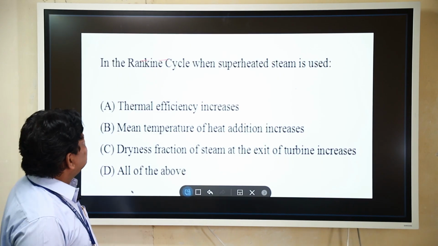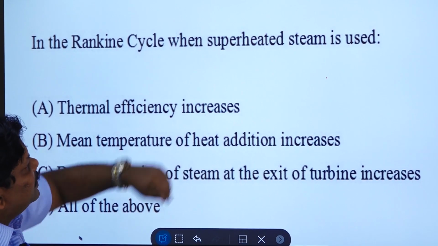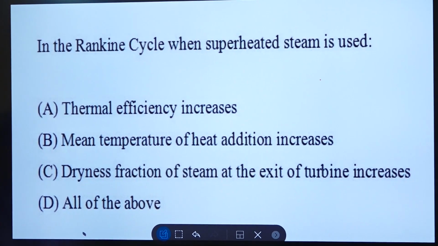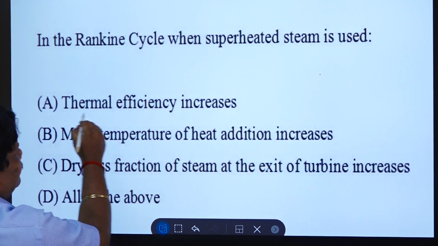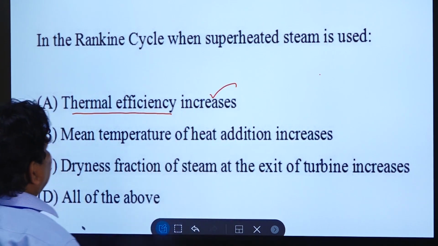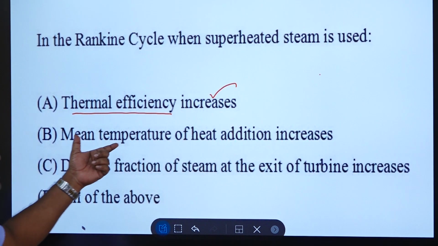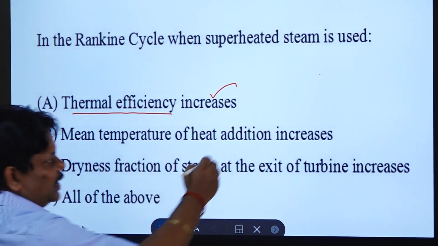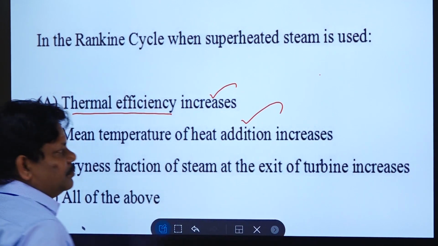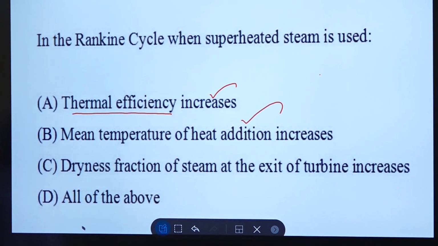Okay. The next one: in the Rankine cycle, when superheated steam is used, what happens? Surely the thermal efficiency will increase, and the mean temperature of heat addition will also increase.